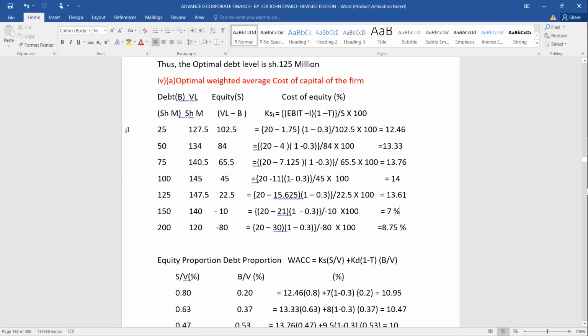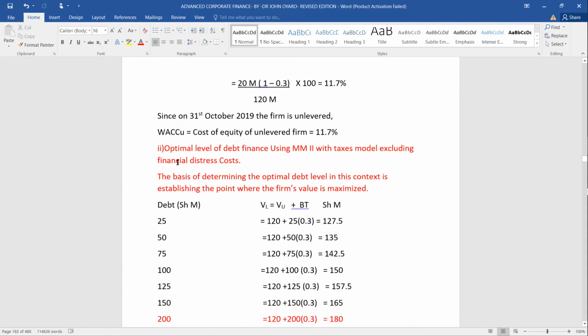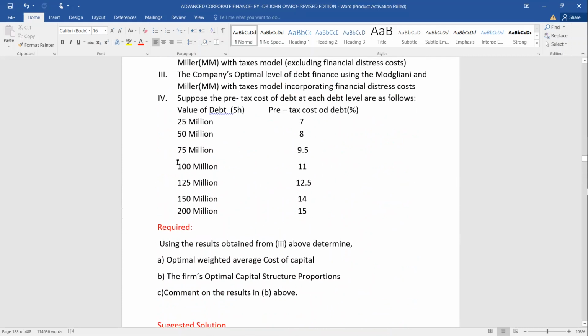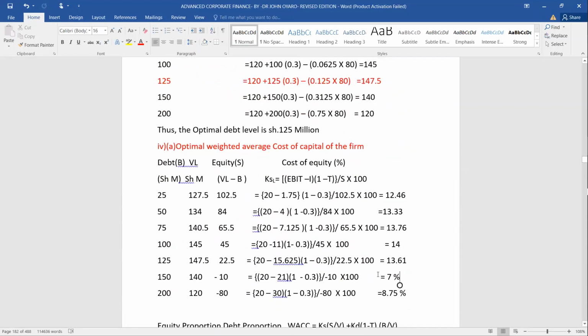How much interest is payable? 7% of 25. How much is that? 1.75. That is what I have subtracted here. So operating income minus interest, 1.75, 1 minus tax rate, divided by market value of equity, the residual value.